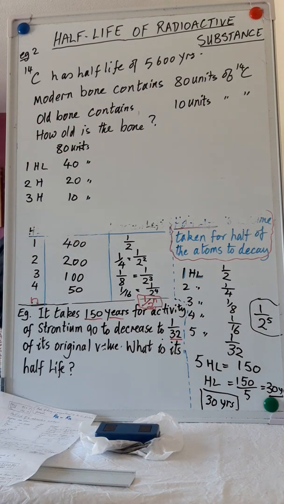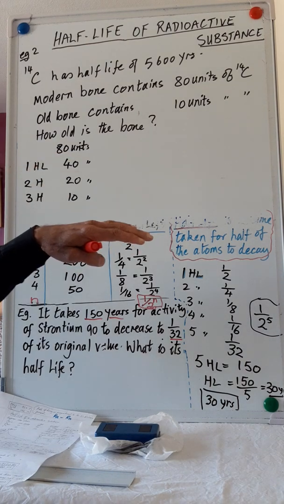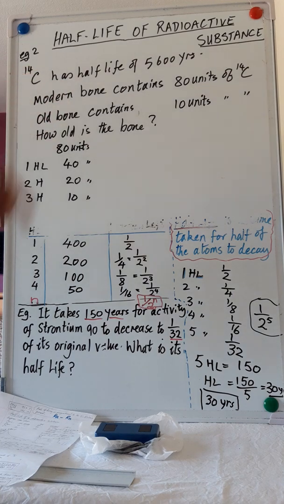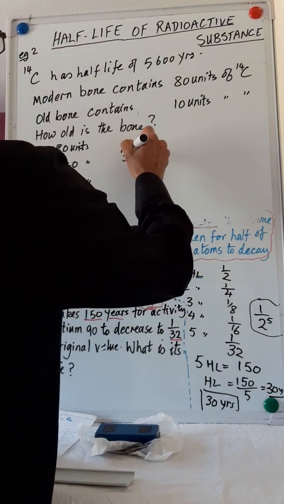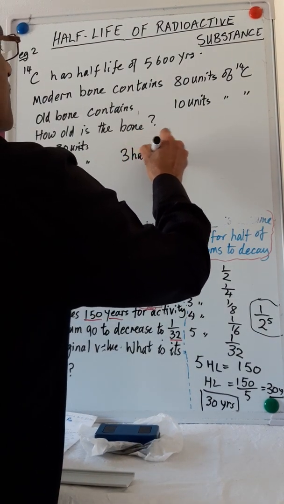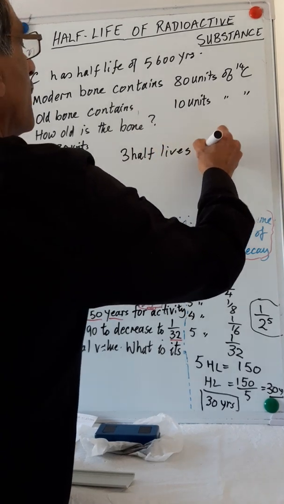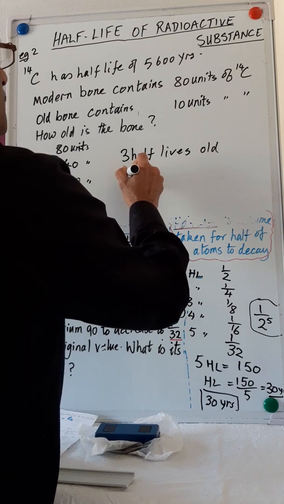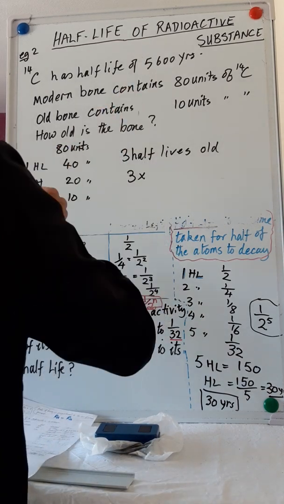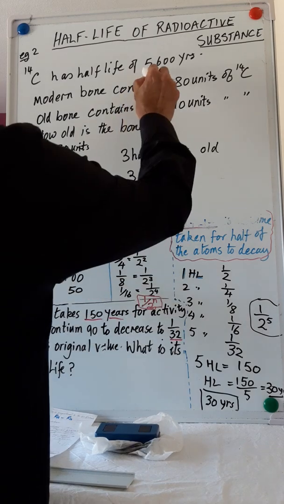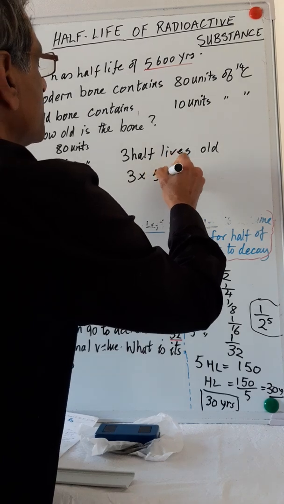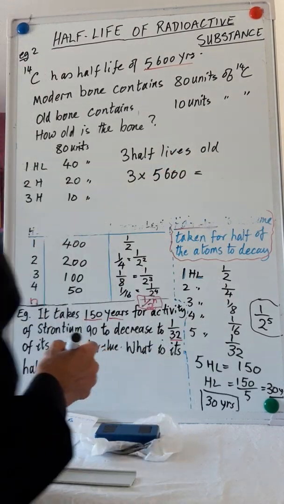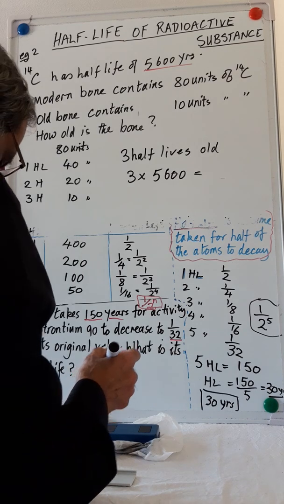That means this bone is 3 half-lives old, and the half-life of carbon-14 is 5,600 years. So 3 times 5,600 gives you 16,800.